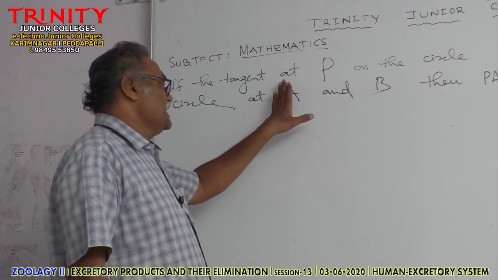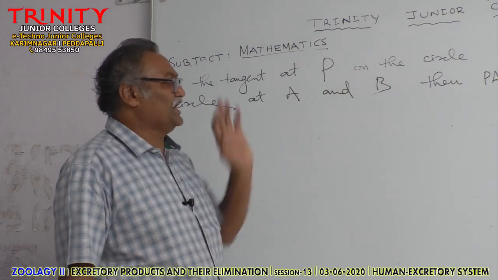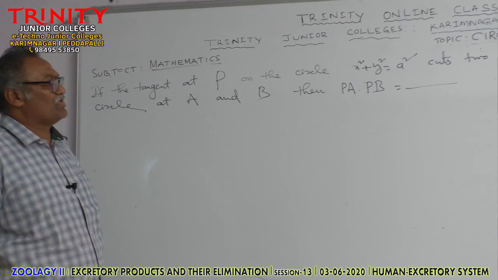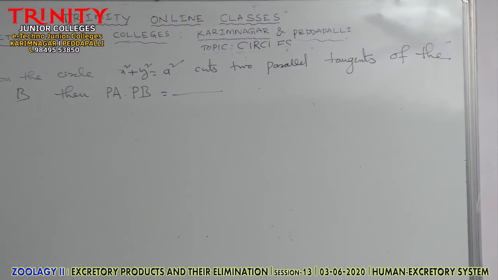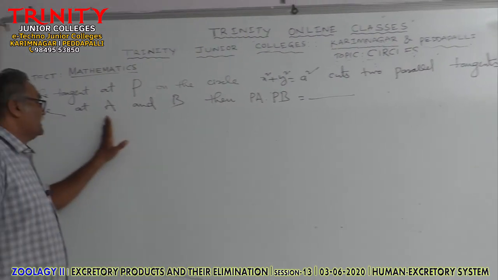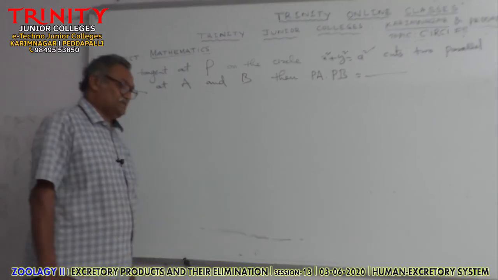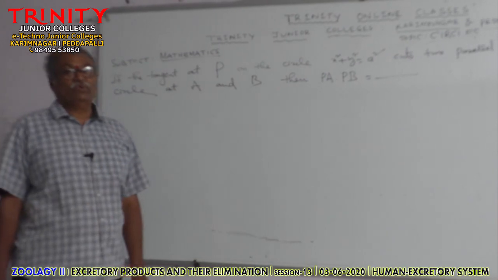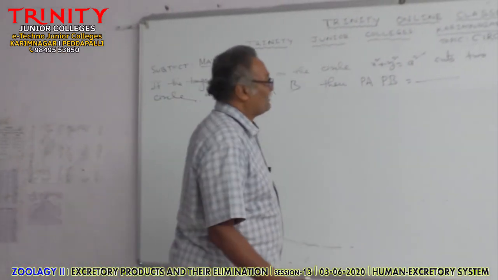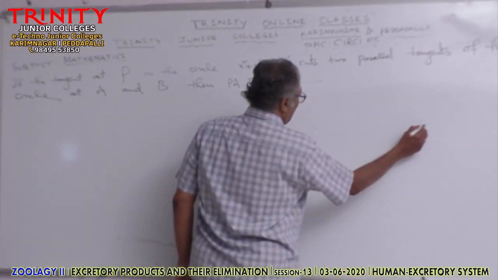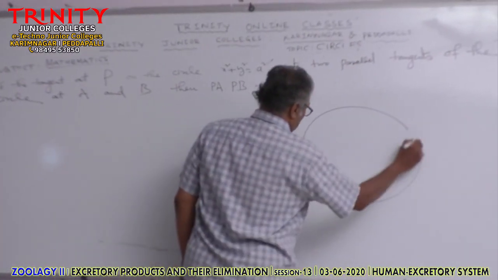If the tangent at P on the circle x square plus y square equals a square cuts two parallel tangents of the circle at A and B, then PA into PB equals to, how to do this problem? X square plus y square equals a square.